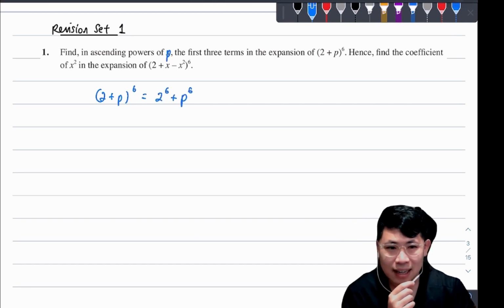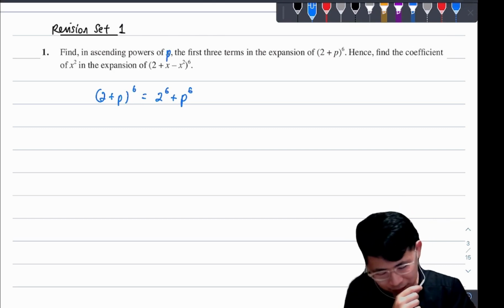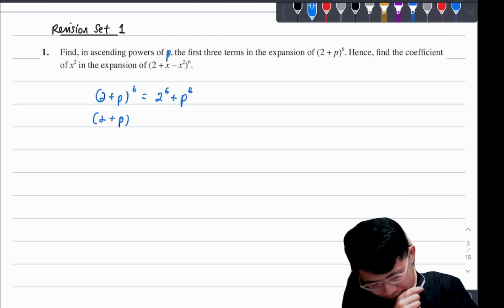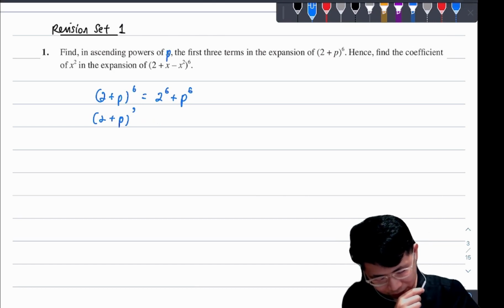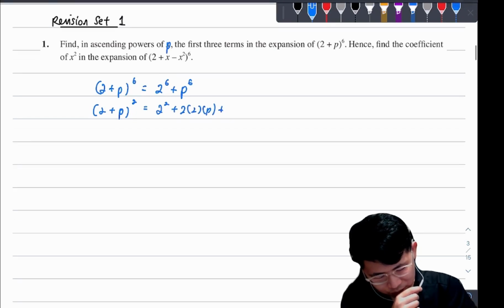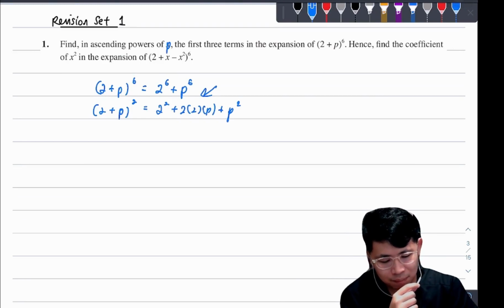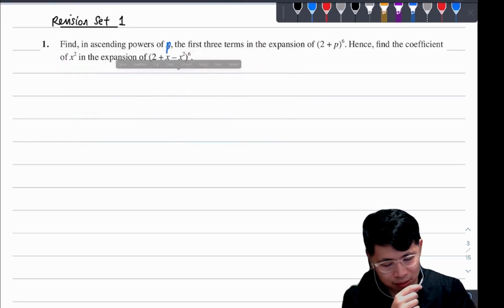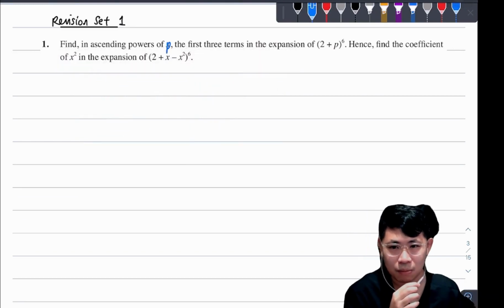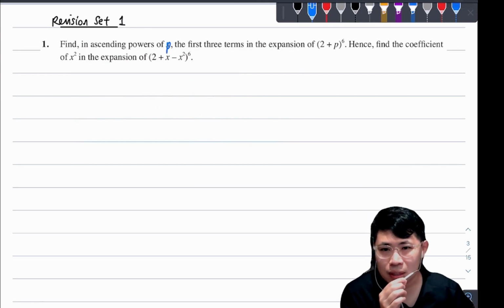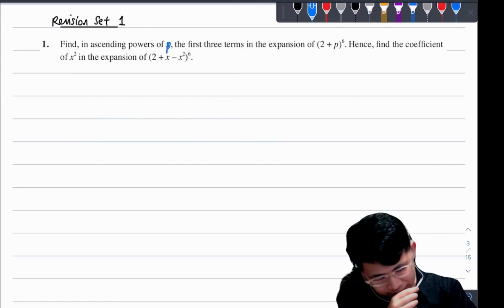Even for (a + b) squared, you have a squared plus 2ab plus b squared, so you better not make this kind of mistake. The purpose of the binomial theorem is that you are expanding into a series of polynomial terms, so the first three terms in the expansion would look like this.